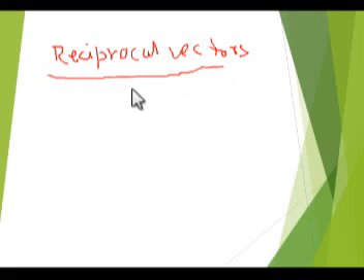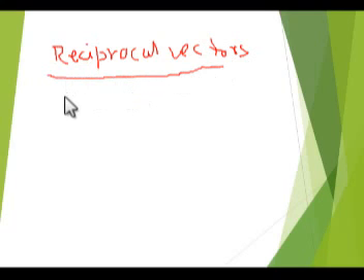Now we study reciprocal vectors. What are reciprocal vectors? Reciprocal vectors are found out for non-coplanar vectors which do not lie in a common plane.